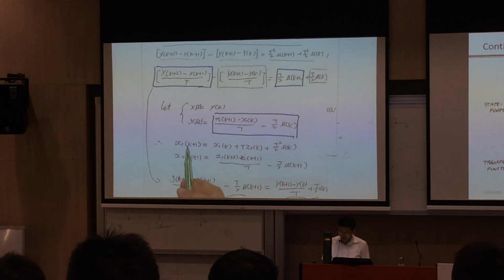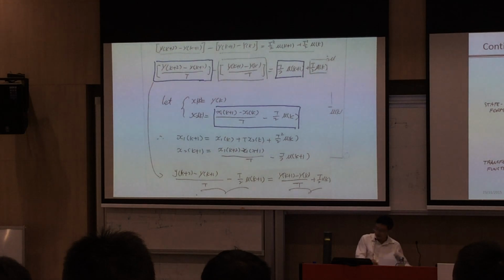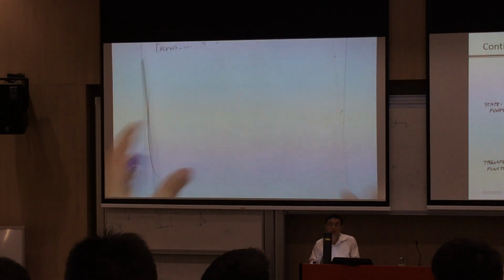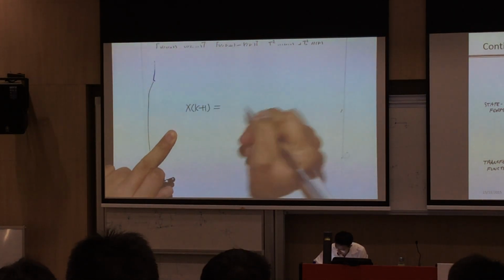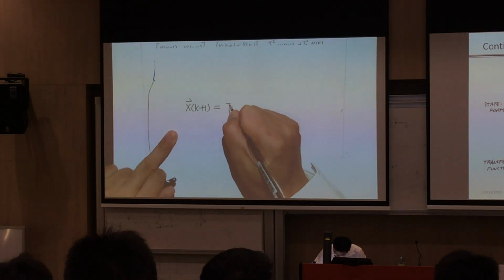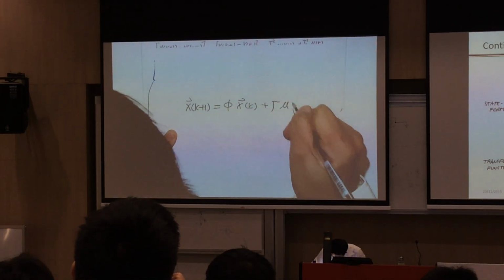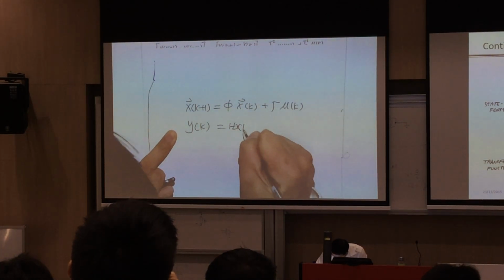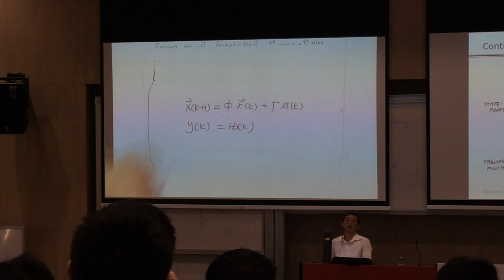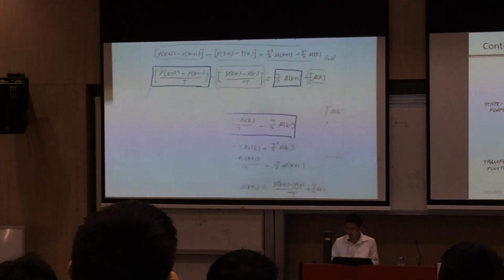My x1 k plus 1. Because remember, for the state space function, what you are looking for? For state space function, you are looking for x k plus 1 equal to a format which represents your k plus 1 by a vector of xk and uk, right? xk and uk.